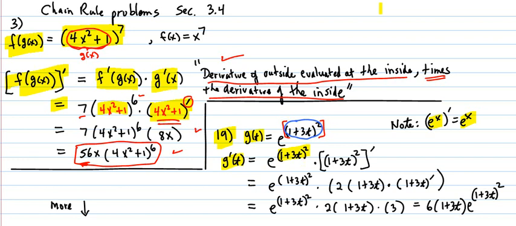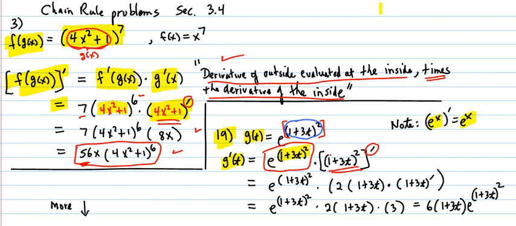So this is the derivative of e to that inside function. Then we times it by the derivative of the inside. There's your prime. Play it safe. Go on the next line. Execute the derivative of that inside function.